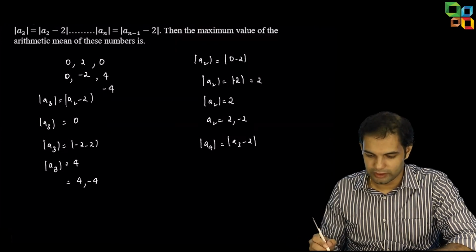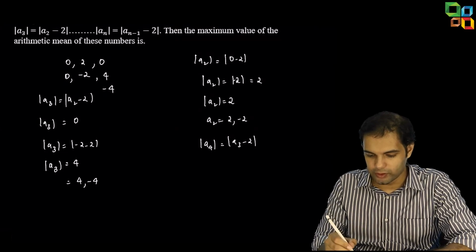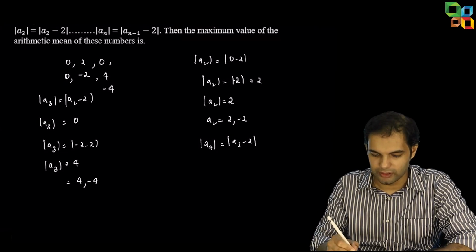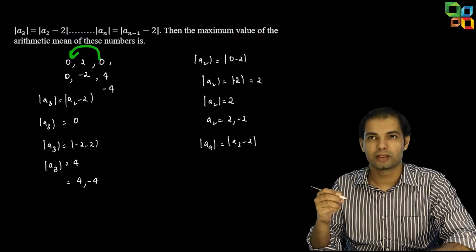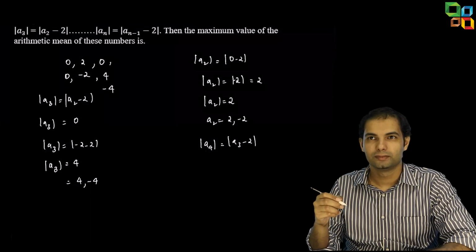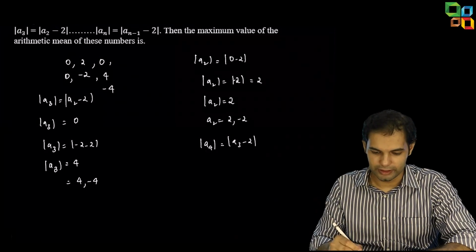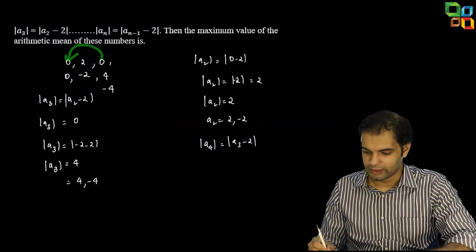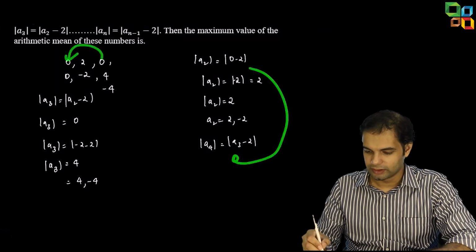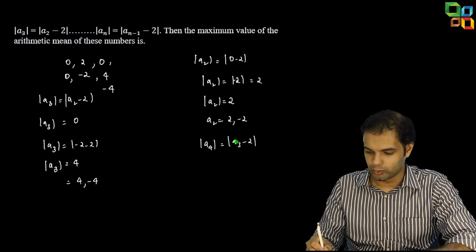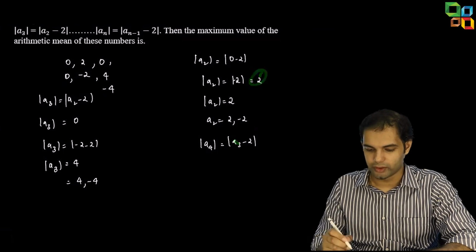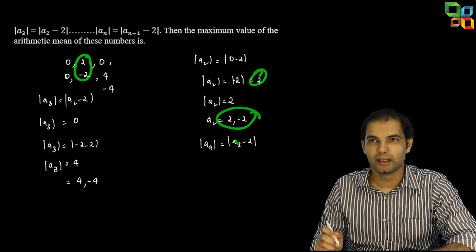Now look at the values of A3. If it was 0, I think we are getting back to this. Can you see that? We're going back one step. There won't be any difference, right? If A3 is 0, that means I'm going back here. So this is 0, so this will be 2. So the next case will be 2 or minus 2, isn't it?